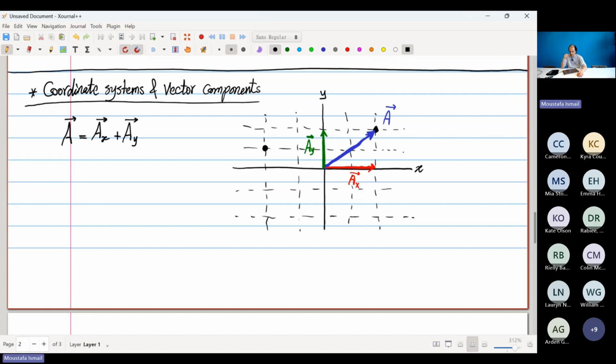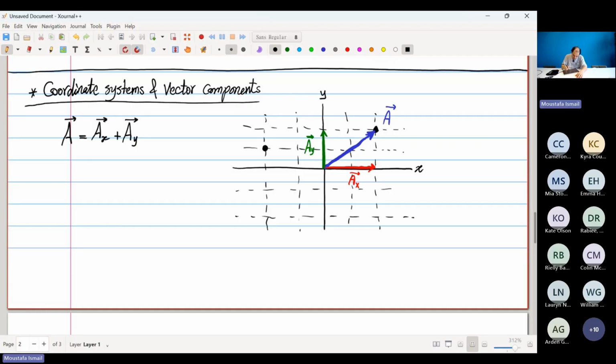Okay, so we have broken vector A into its two component vectors, a component vector parallel to the x-axis and another component vector parallel to the y-axis. So AX is the projection of A along X, and AY is the projection of A along Y.